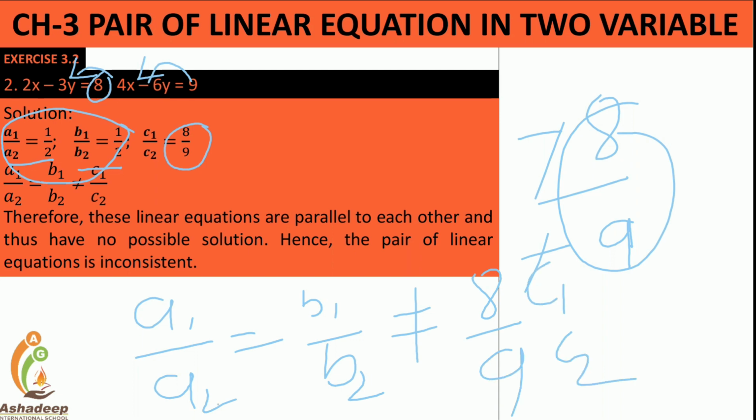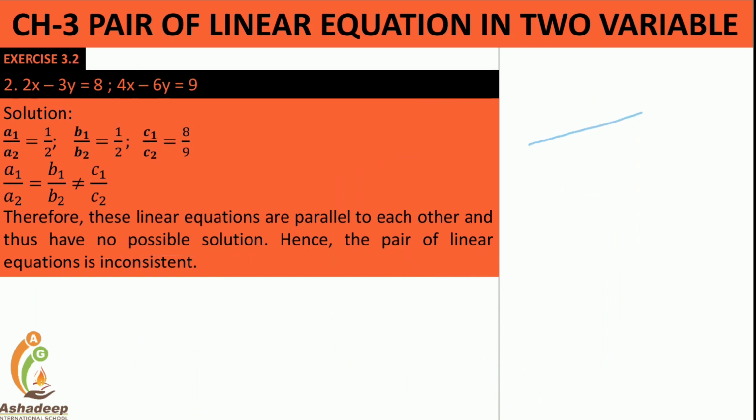So a1 upon a2 equals b1 upon b2 is not equal to c1 upon c2. So those lines are parallel lines, and parallel lines do not have any solution. So no possible solution. Hence the pair of linear equations is inconsistent. If we don't get the solution, those lines are parallel lines. So for that we have the inconsistent pair of solution, right?